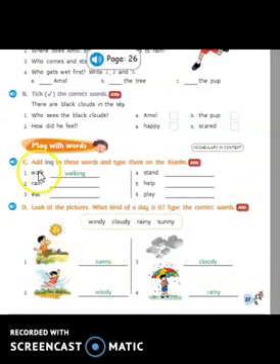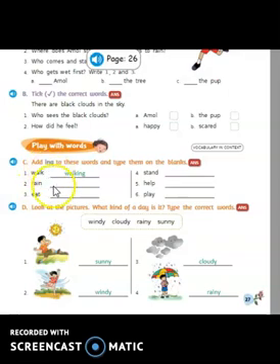After that is over, turn to page number 27, exercise C. Add ing to these words and write them on the blanks. First one, WALK. Walk is an action. You add ing and you write walking. Rain is an action.